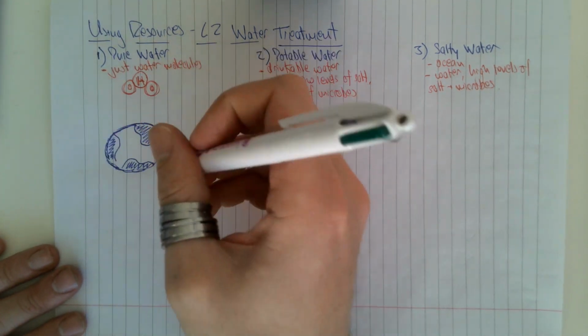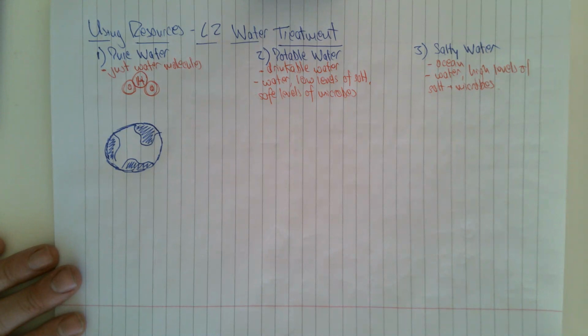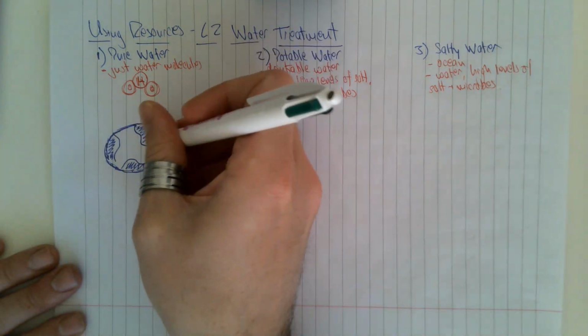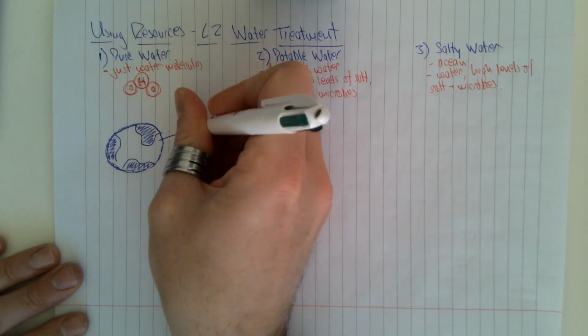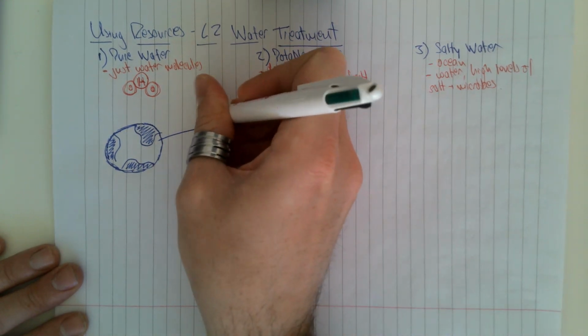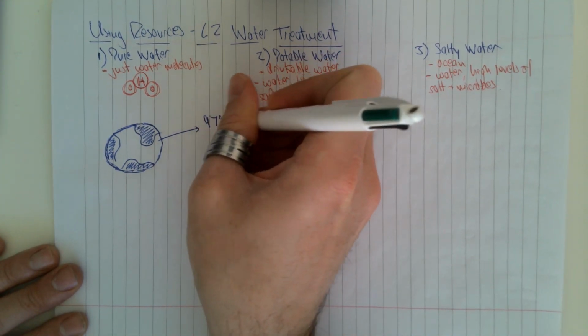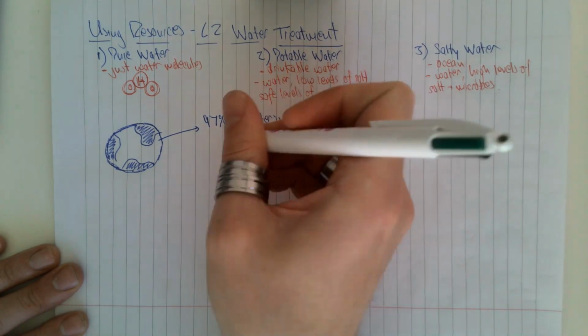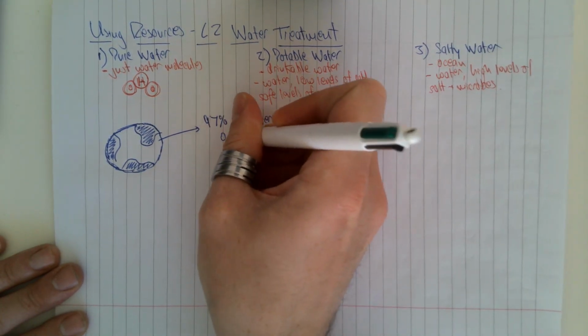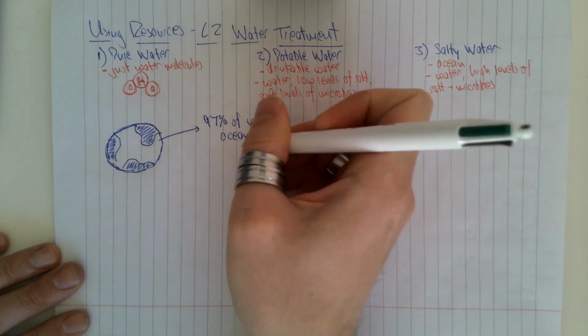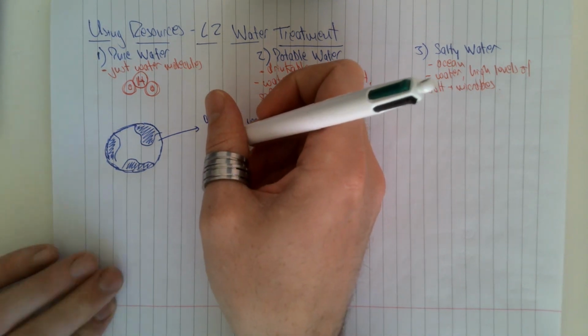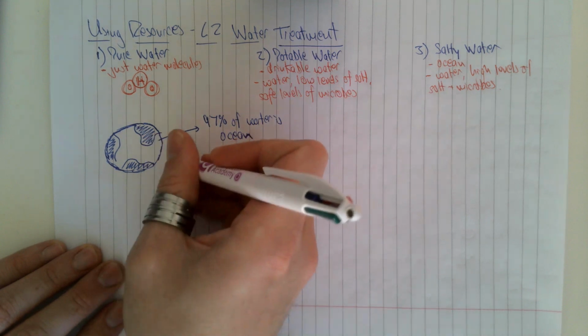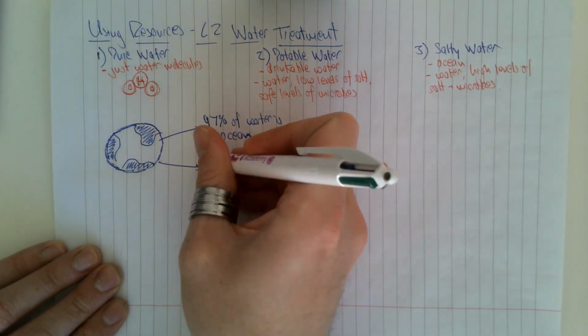Now, 97% of water is ocean water. Okay? It's an important point that we'll make a note of. 97% of water is the ocean, whereas we've got 3% locked up in fresh water.